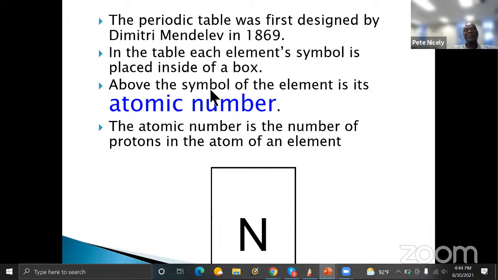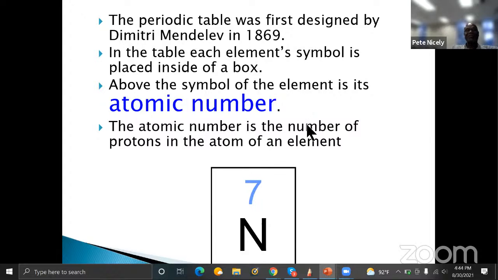Now, as I said before, new elements were discovered since Mendeleev came up with his table. As a result, the periodic table underwent some changes, some shifting of elements into different positions and so on. And we come up with now the most recent version of the periodic table. Each periodic table has the symbol of the element in boxes, as well as what is called the atomic number, right?